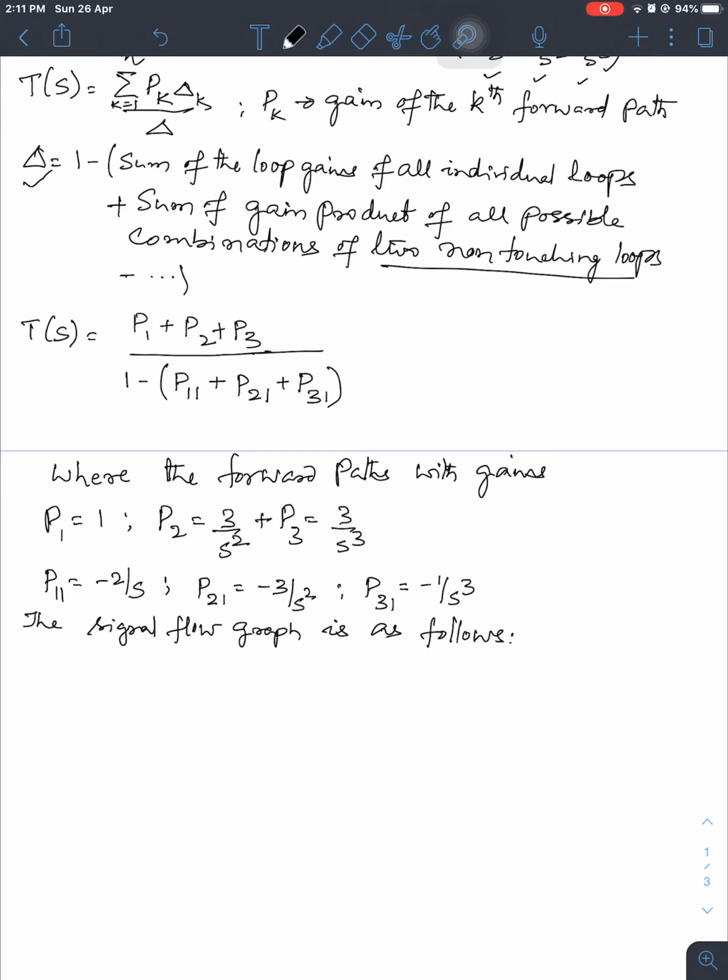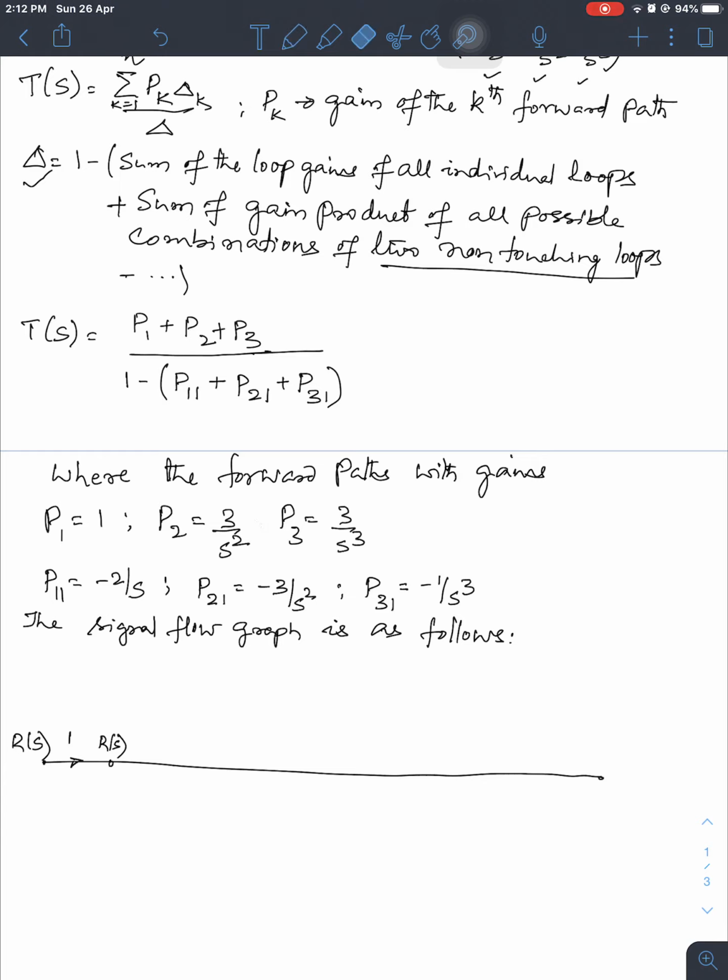We will try to write a simple straight line. This is R of S. I'll take a unity gain. So what I get here, this is also R of S. I will try to get this first, that is P3 I will get.